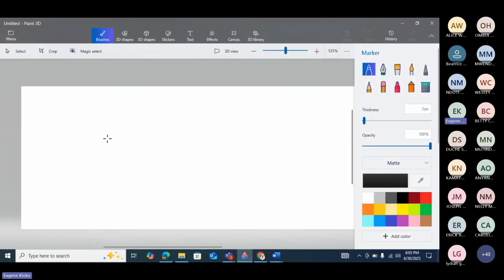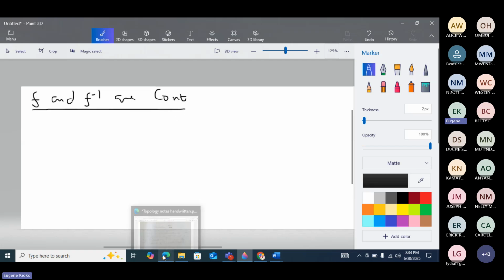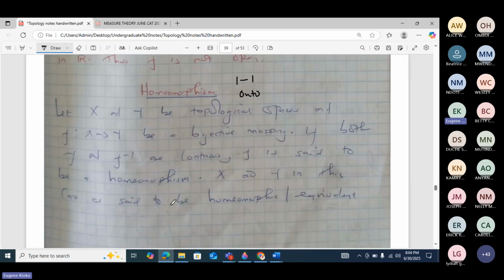So if you are told to define homeomorphism, you just say it is a case in which the function and its inverse are continuous. Just that. You don't have to memorize all that is written there. That one is enough. And a good example is what we have here.